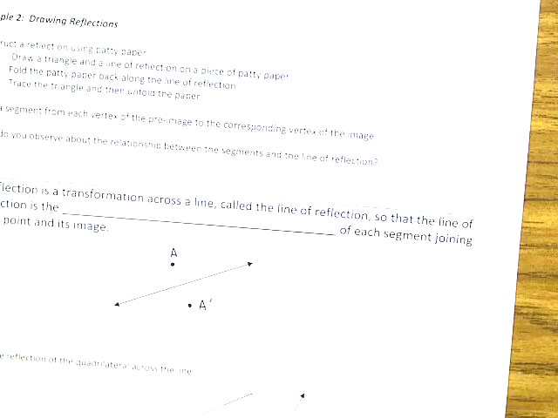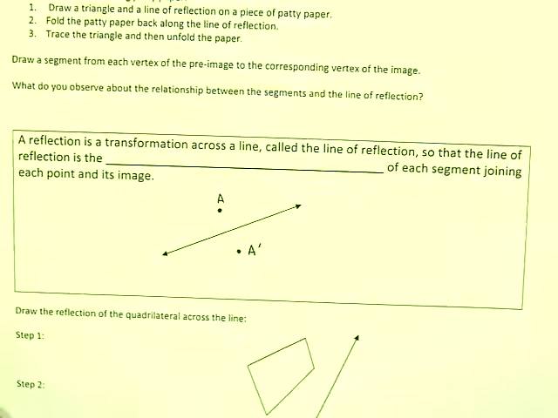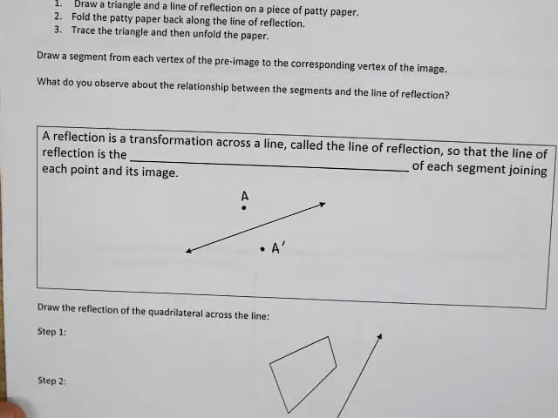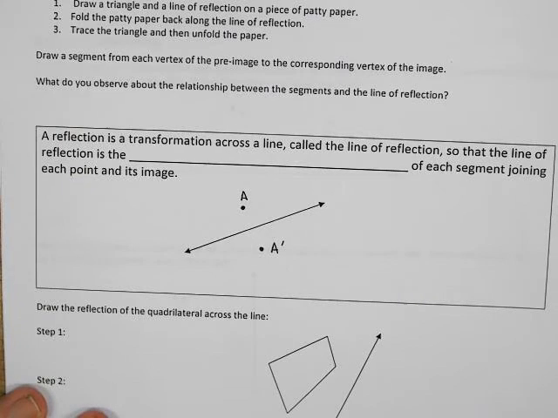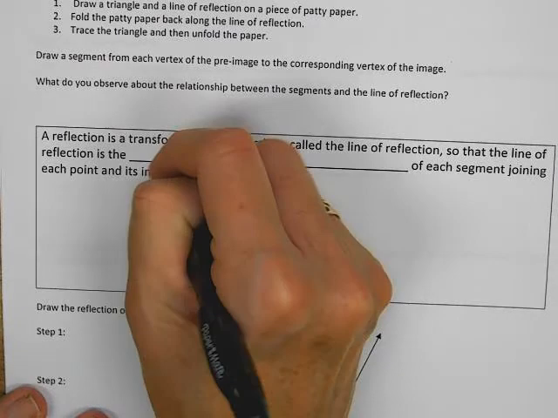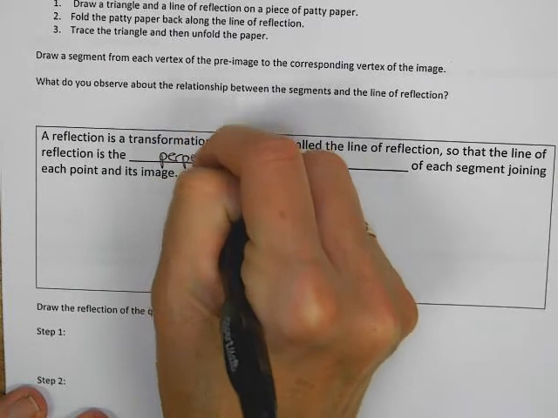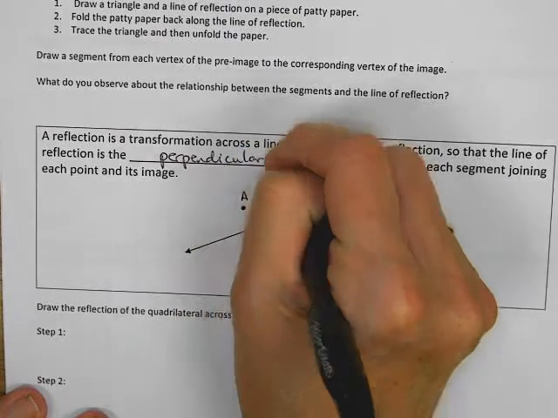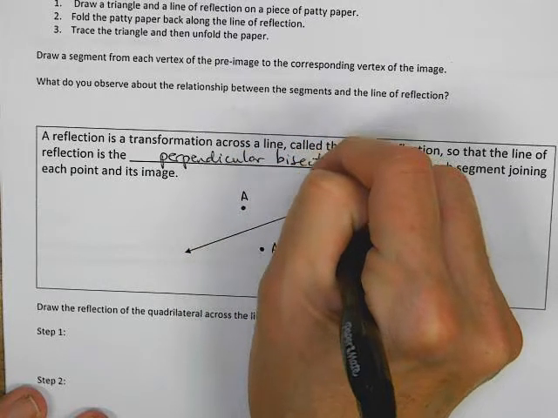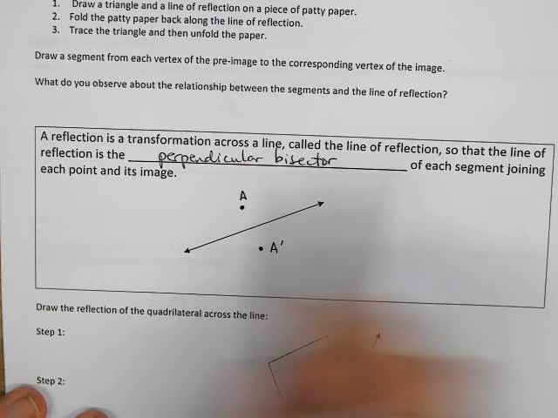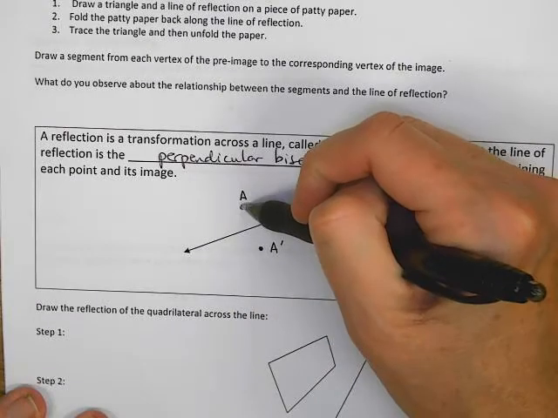All right, let's write that up on your notes sheet. So in that box right here where we left off, it says a reflection is a transformation across a line called the line of reflection, so that the line of reflection is the perpendicular bisector of each segment joining each point and its image.